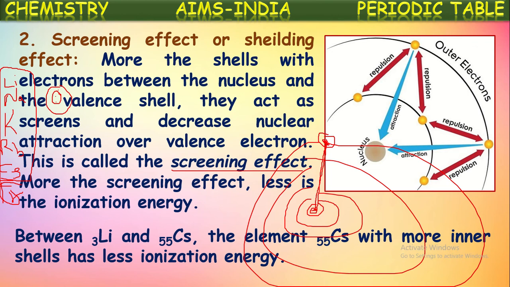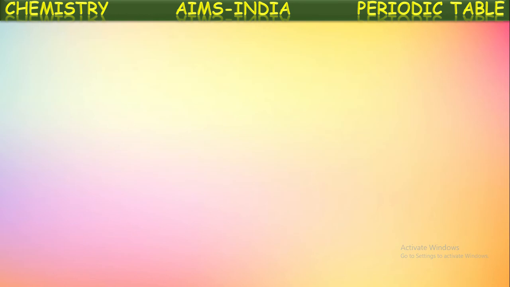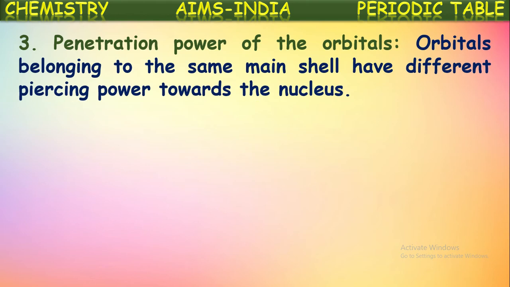That means ionization energy decreases. That's why among these first group elements lithium and cesium, the element cesium is having more screening effect and has less ionization energy. Okay. Next factor is penetration power of the orbitals.